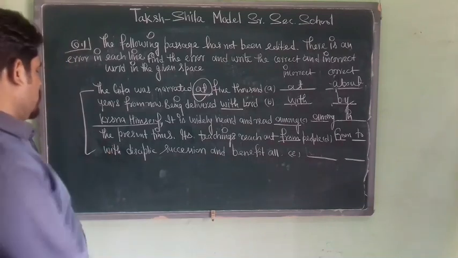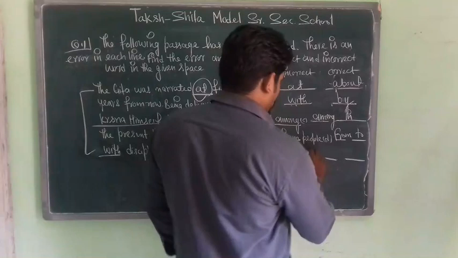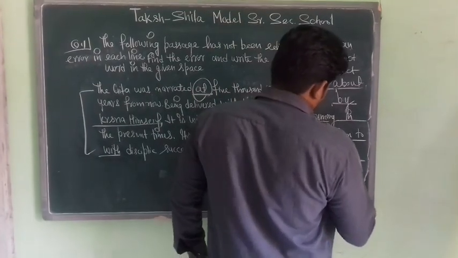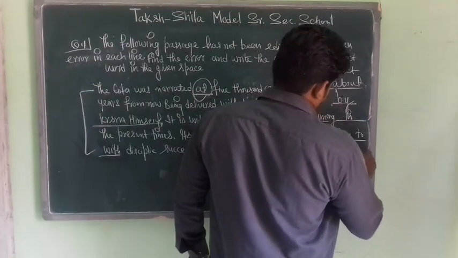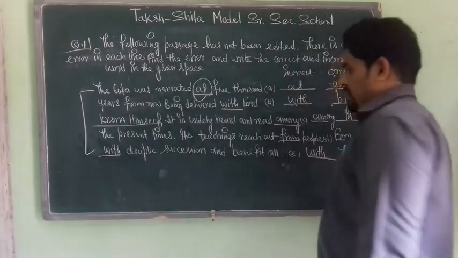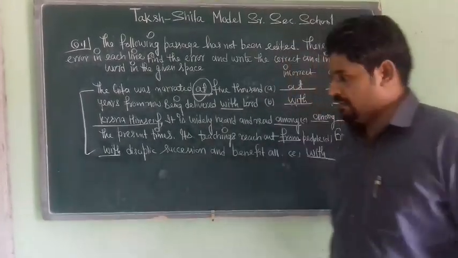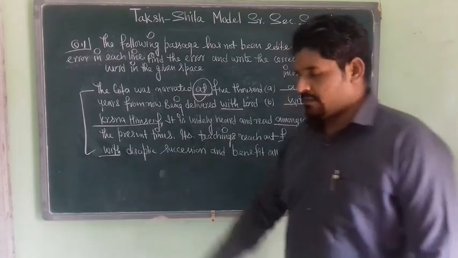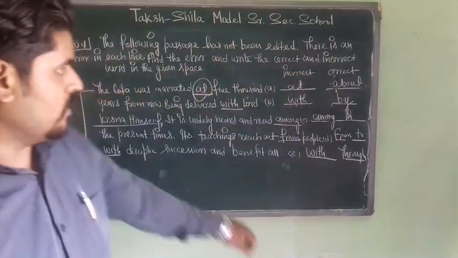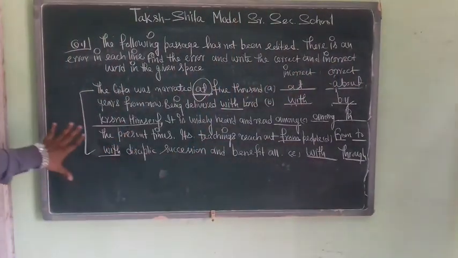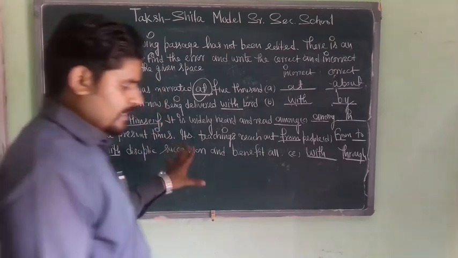With disciplic succession or through disciplic succession? So in place of "with", there should be "through". Through disciplic succession, not with disciplic succession, right? So students, here we have considered this editing exercise.